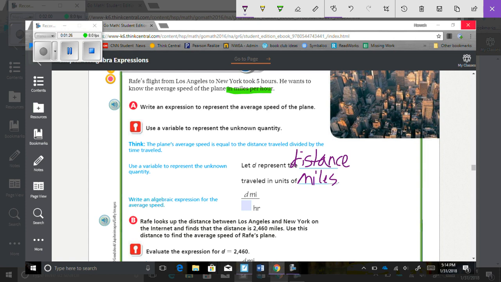Now we're going to write an algebraic expression for the average speed. So we have D miles, and we're going to put in 5 hours because it says right up here 5 hours. Okay, so that's how we would set that up. Distance divided by 5 hours. Distance divided by time.